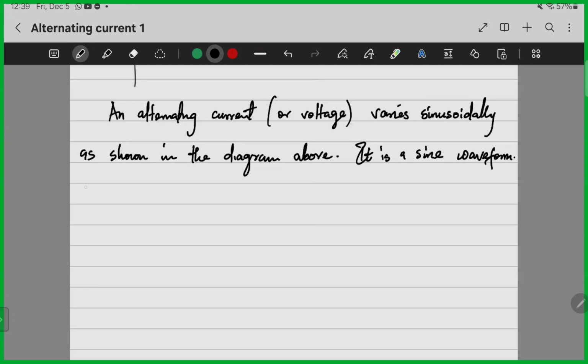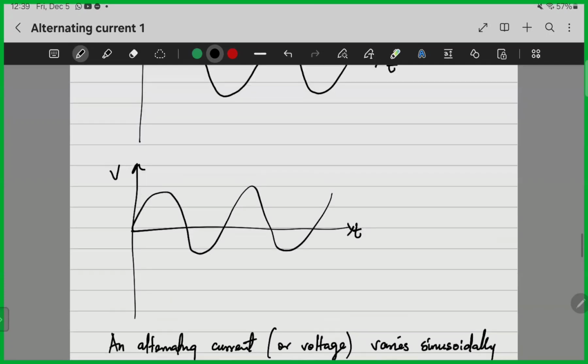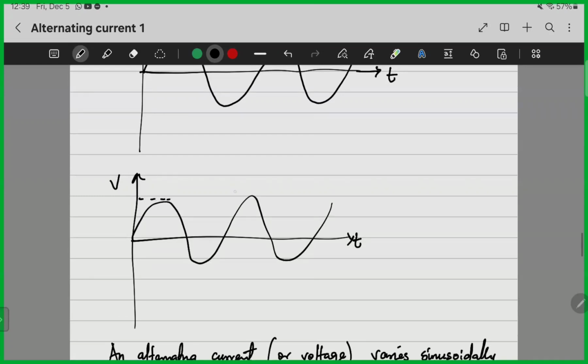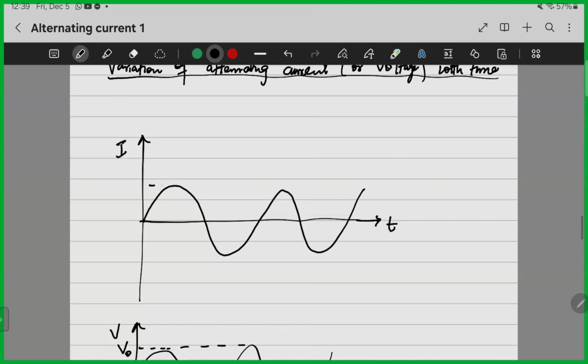You can say the amplitude. And if I go back, amplitude is like the maximum value reached. So this is like V0, the maximum. And for the current, the maximum here is I0.